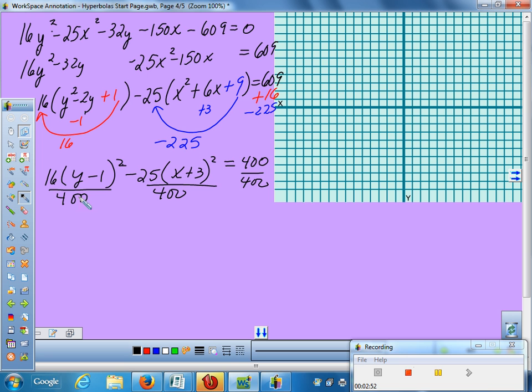And magically, 16 cancels into 400 25 times. So 25 goes into 400 16 times. So I'm left then with y minus 1 squared over 25 minus x plus 3 squared over 16 equals 1.